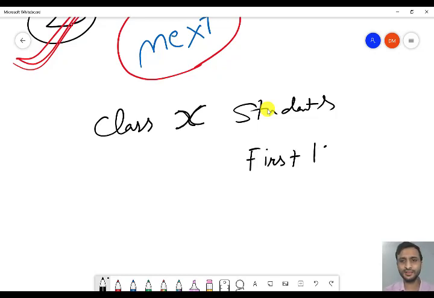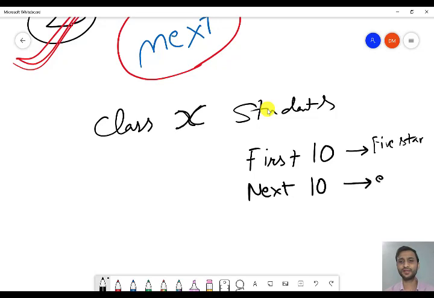He told that the first 10 students, according to the rank, will get 5 Star. And then he said, the next 10 students will get eclairs.